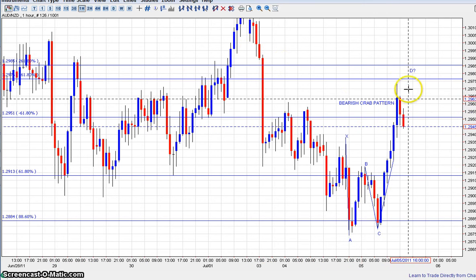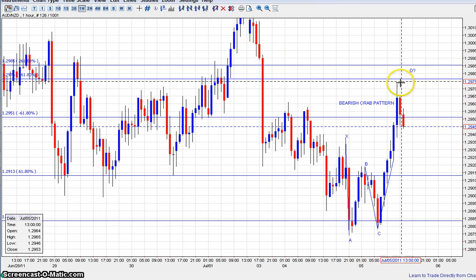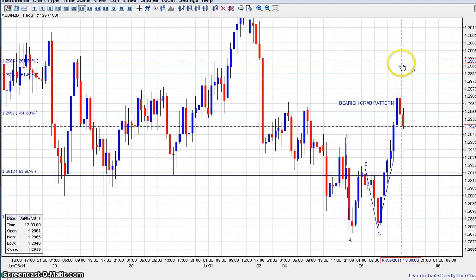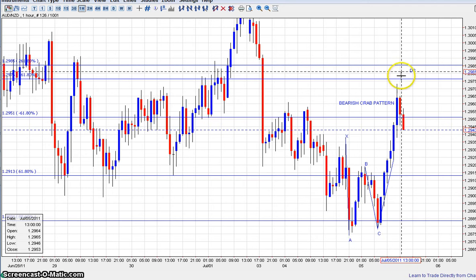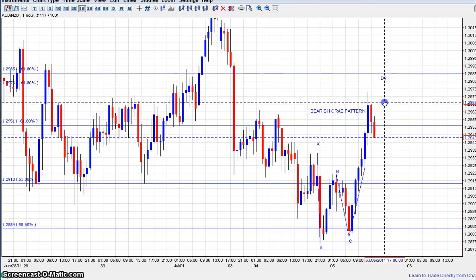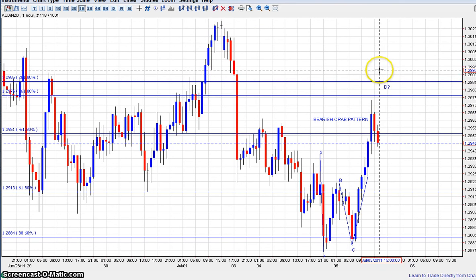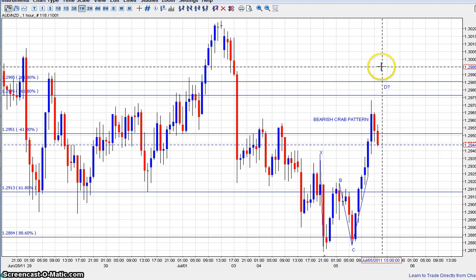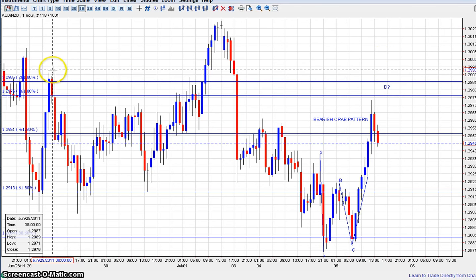Ideally, once 2 or 3 candles close above the upper boundary of the resistance zone, then this pattern will be invalidated. But obviously, just to give more room for erratic price action, I'm placing my stop loss at 130.50 above this high here.